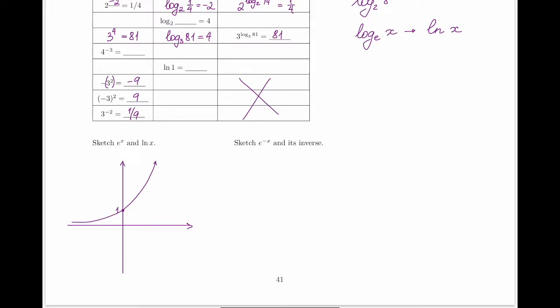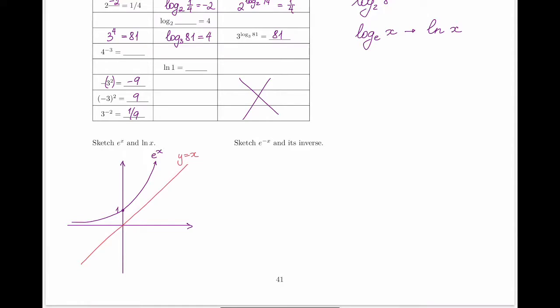In order for me to get the graph of the corresponding logarithm, it's the inverse of the exponential function, which means all I have to do is reflect the current graph in the y equals x line. So let me draw this line, y equals x. Let me make sure I label this graph as e to the x. And now I simply have to reflect this graph in this line to get the graph of the logarithm.